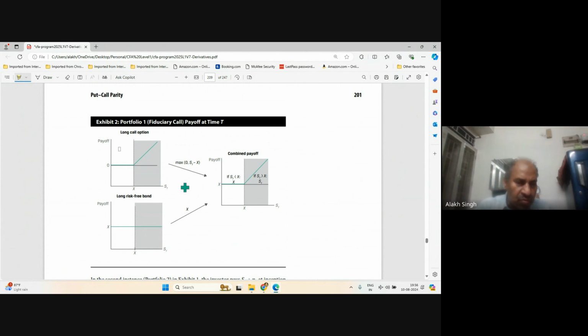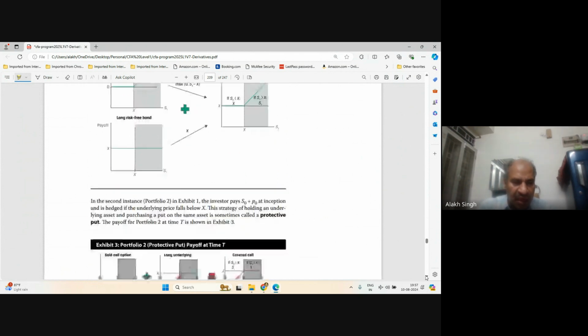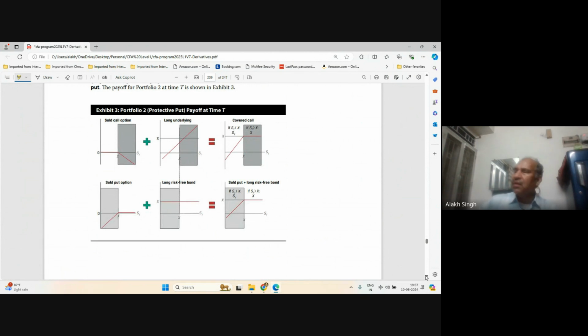This graph is for when we had bought the put and the underlying. So what if we sell it? How will it go? That is what this graph shows. Though it is not very difficult, it is somewhat just the opposite, and you can derive it yourself. But let's study this as well.